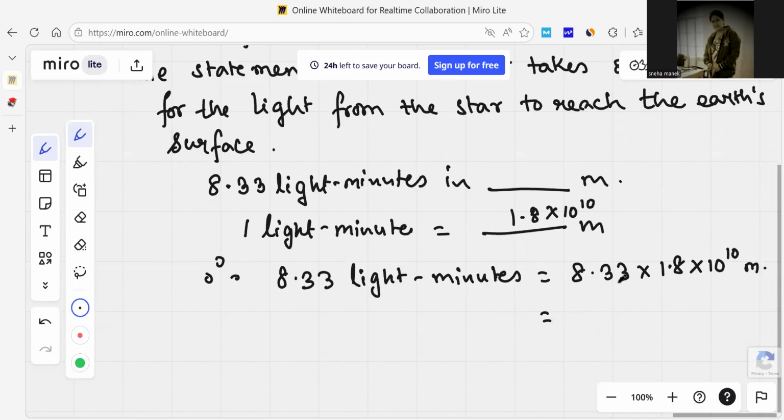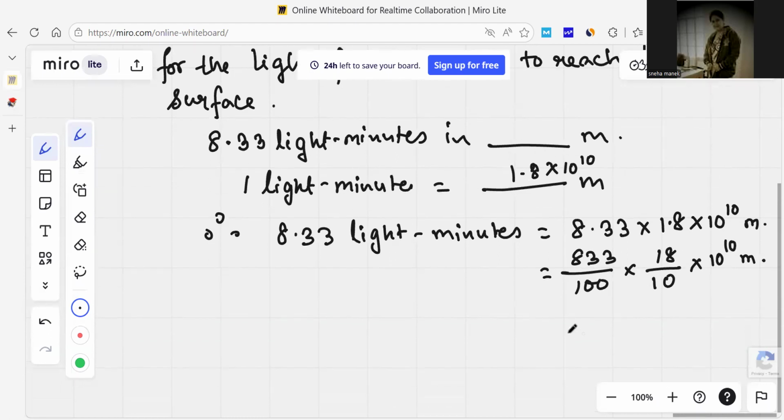Now let's calculate. The easy way of calculating is to just express that in decimal, 18 by 10, and here we have already 10 to the power 10 meter. Now already the 3 zeros get cut off. Whatever you get as multiplication, you can write into 10 to the power 7 meter, because 3 zeros are getting cut off.